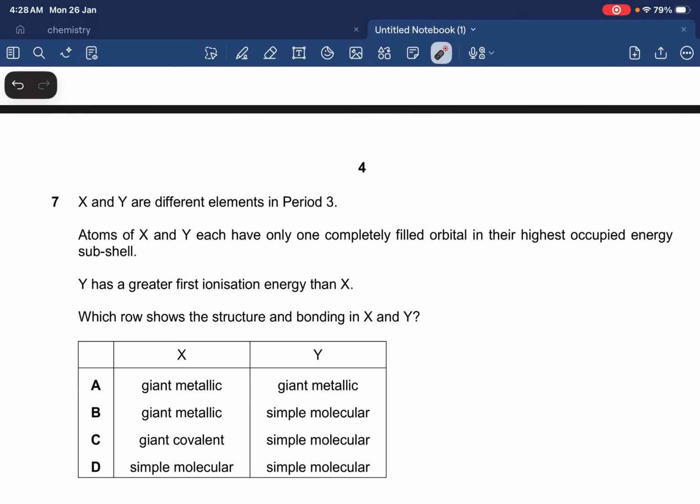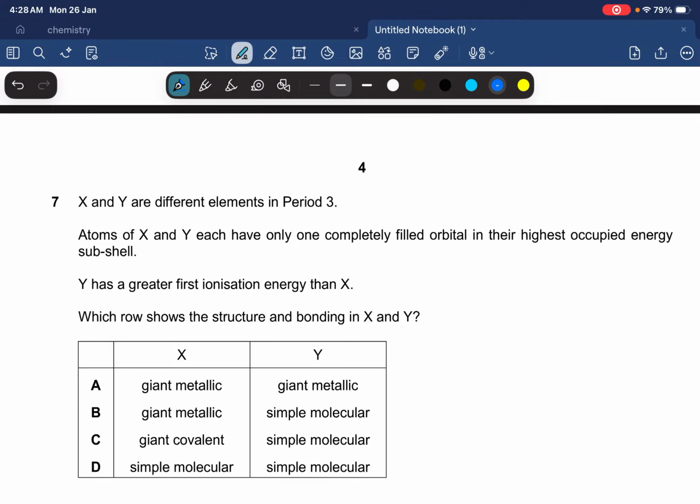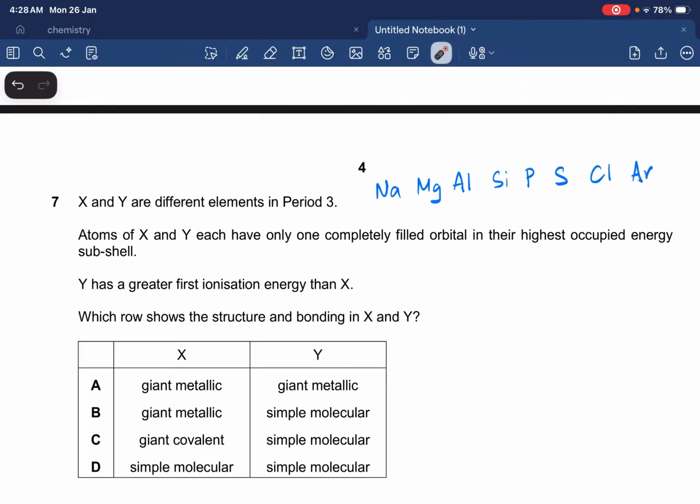X and Y are different elements in period 3. So let's list down the period 3 elements. We have sodium, magnesium, aluminum, silicon, phosphorus, sulfur, chlorine, and argon. Atoms of X and Y each have only one completely filled orbital in their highest occupied energy subshell.